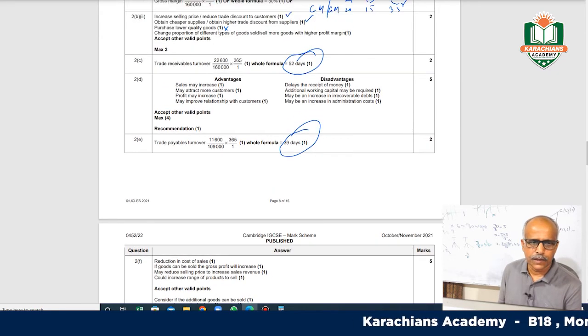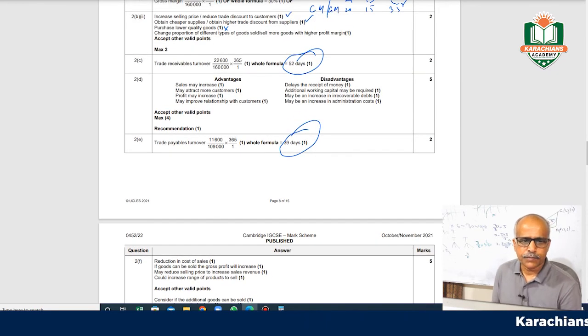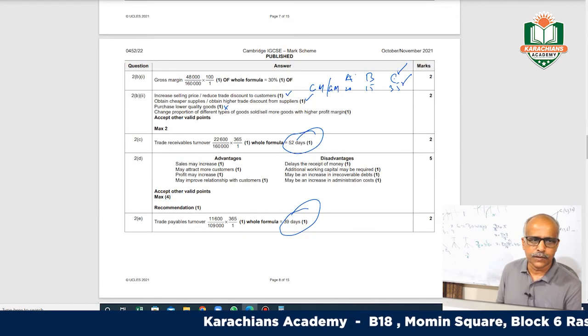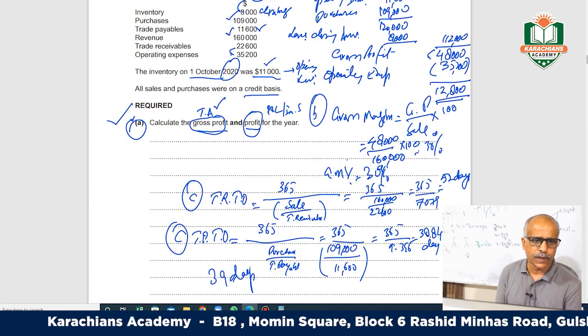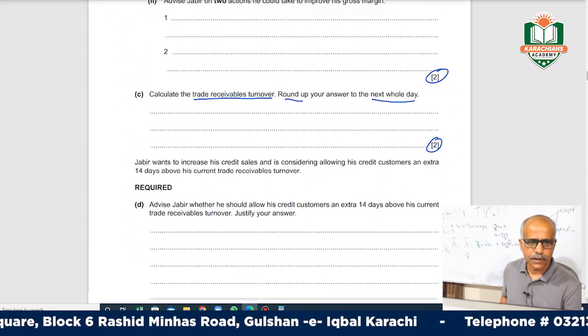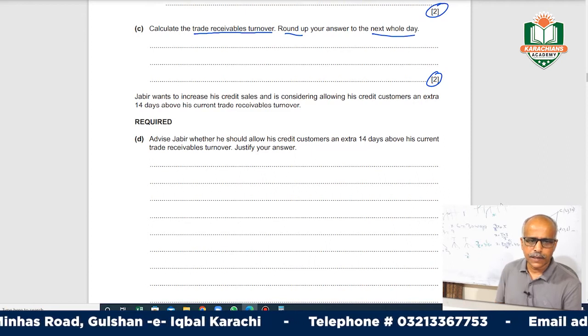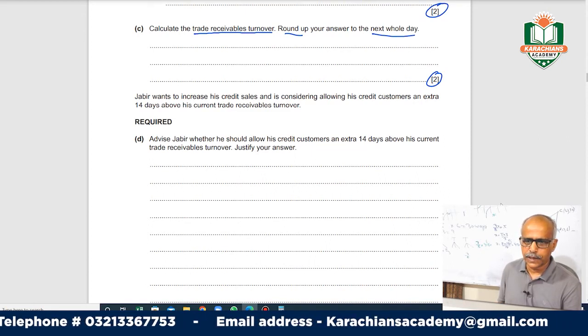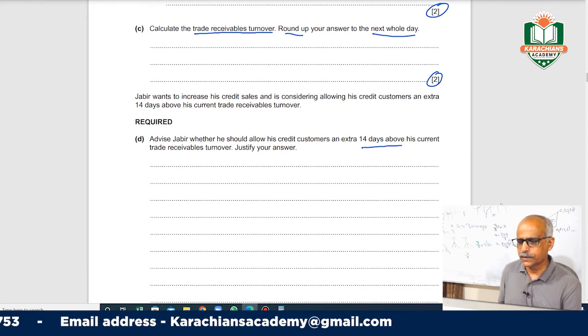What is option B? What was required in B? Let's see. He's asking advice from Jabir whether he should allow his credit customers an extra 14 days.